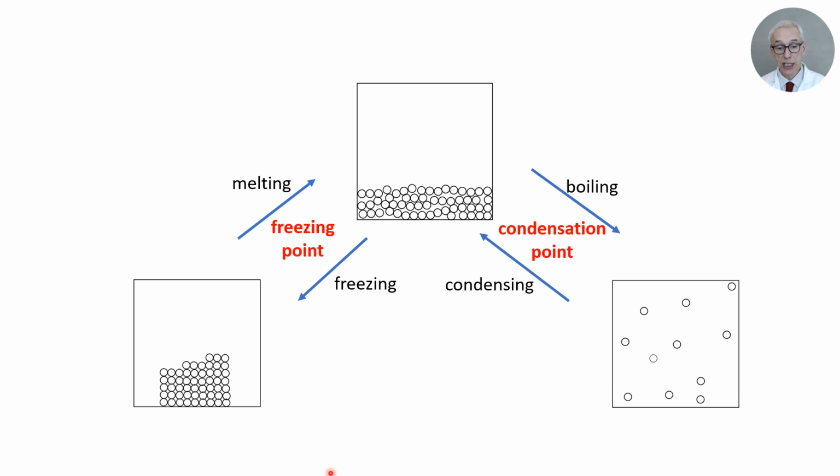You may see the melting point, otherwise known as the freezing point. You may see the boiling point, otherwise labelled as the condensation point. Both of those labels will be used in GCSE.